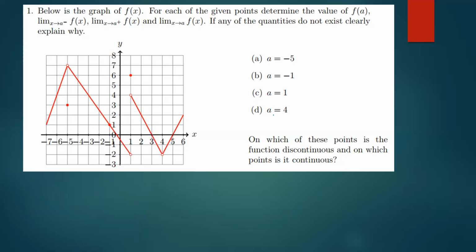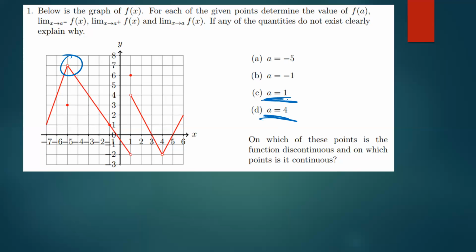I'm sure even these are the same. I'm just trying to see if there's one which is a bit different. Okay, let's look at this one, because this one is almost the same as this point there.